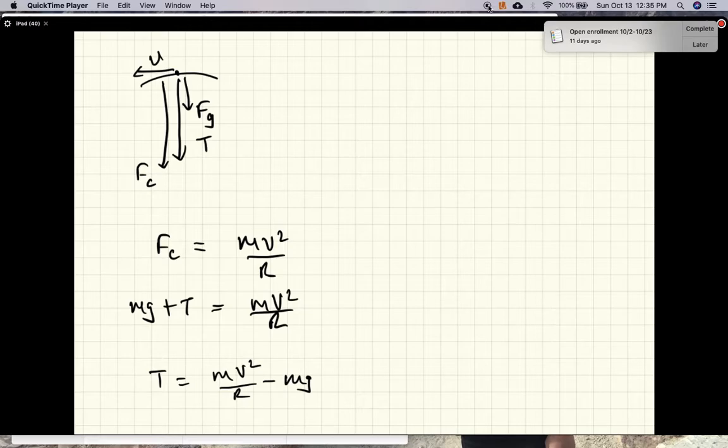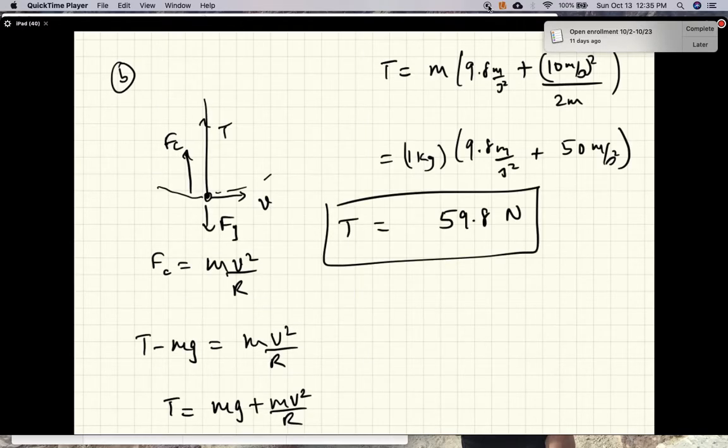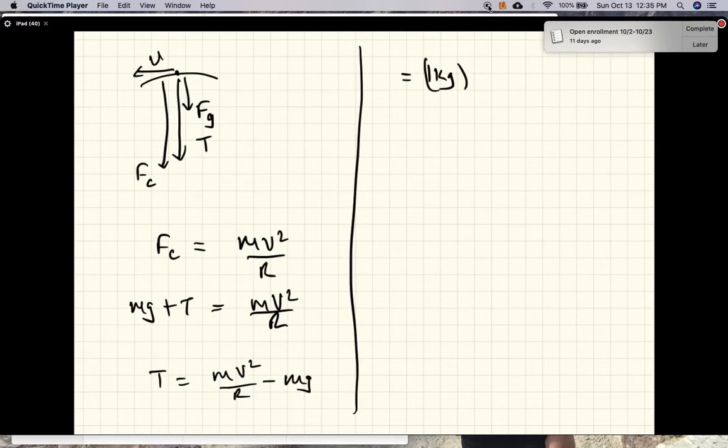So at the top, the tension is lower, and this is equal to 1 kg, I'll do it like so, m times v squared by r minus g.